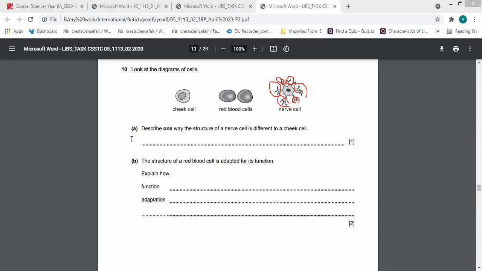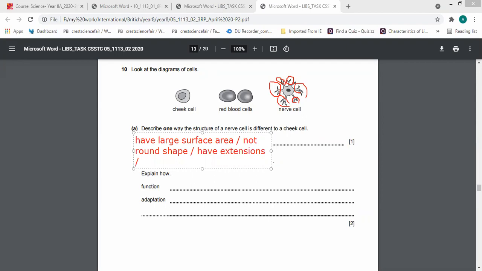So we can write: have large surface area, not round shape, and have extensions to connect to other cells.